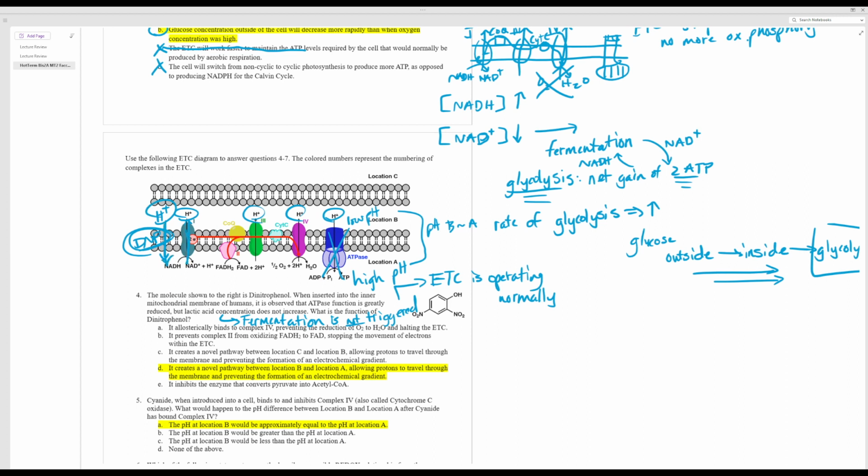So we are doing active transport to get it over, and then it goes right back through. And it's bypassing ATPase function, right? We're not able to establish this proton motive force that's exergonic, that can power ATP synthase function.